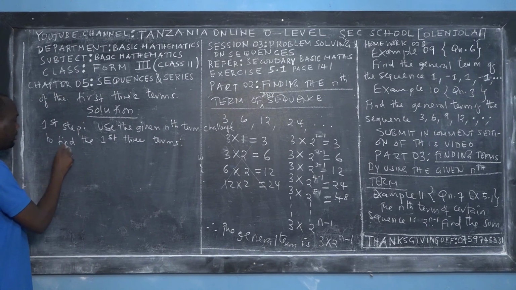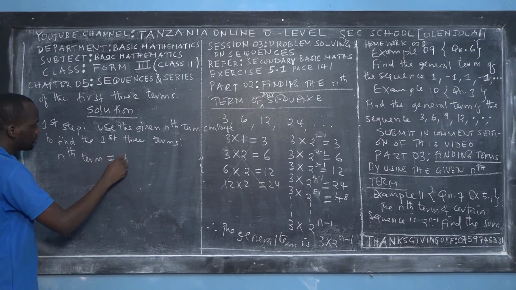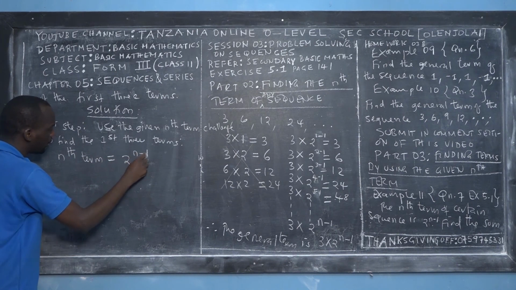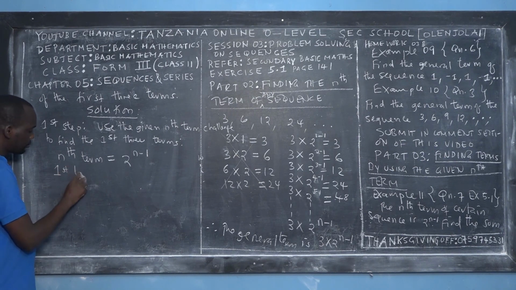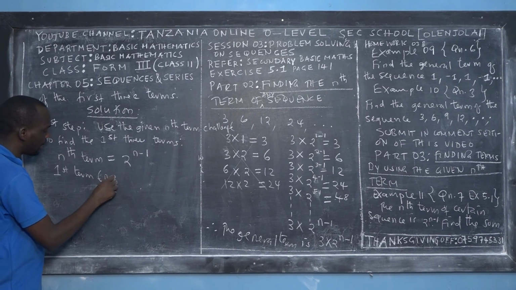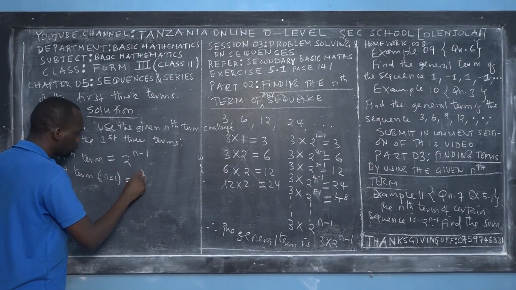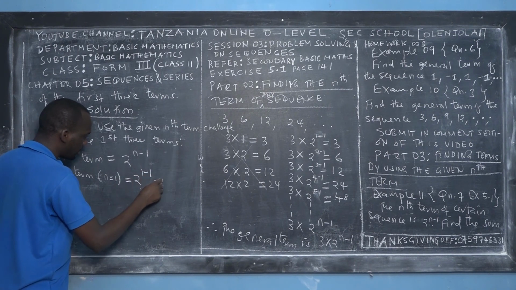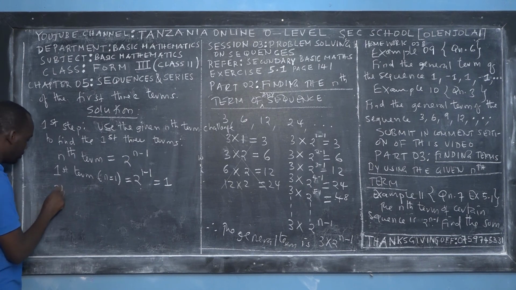The formula for the n-th term is 2^n minus 1. To find the first term, we use n equal to 1. That's the general concept. So 2^1 minus 1, the answer is 1.